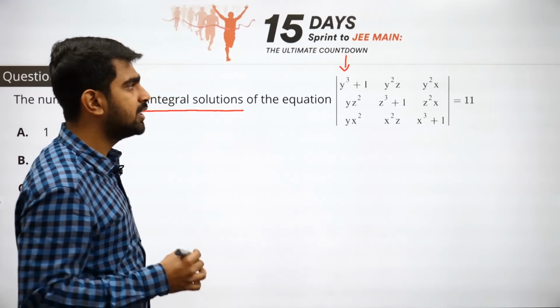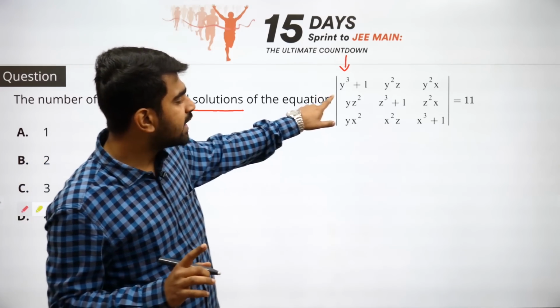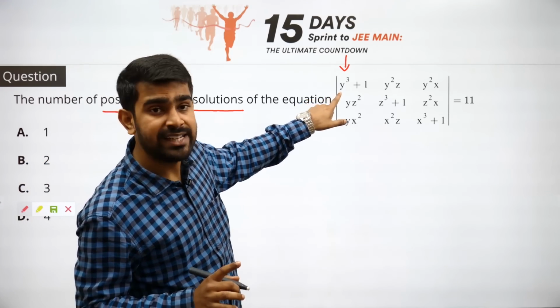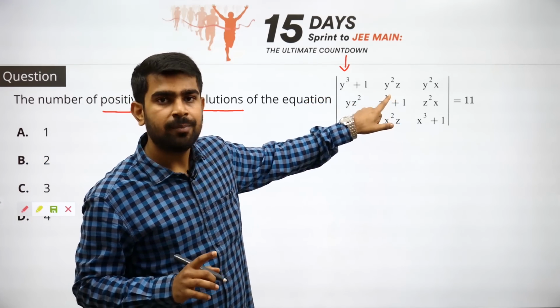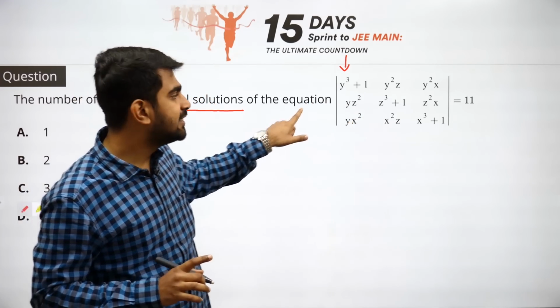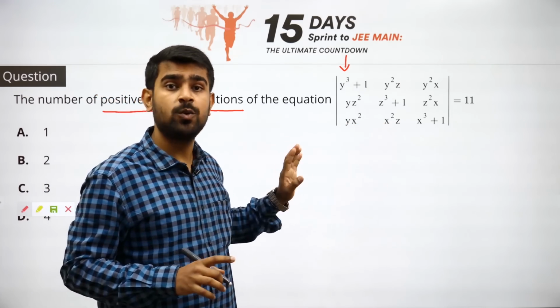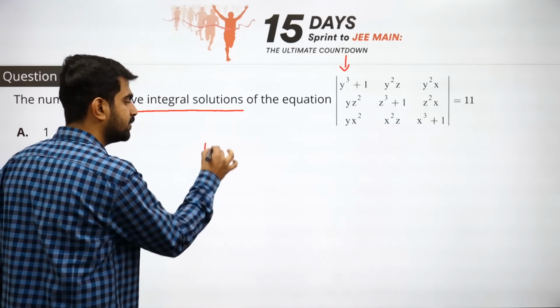So what I do is, guys, listen very carefully. I'm going to do something here. I will multiply by y to the first row, I will multiply by z to the second row, and I will multiply by x to the third row. I will tell you why. Let us observe it.